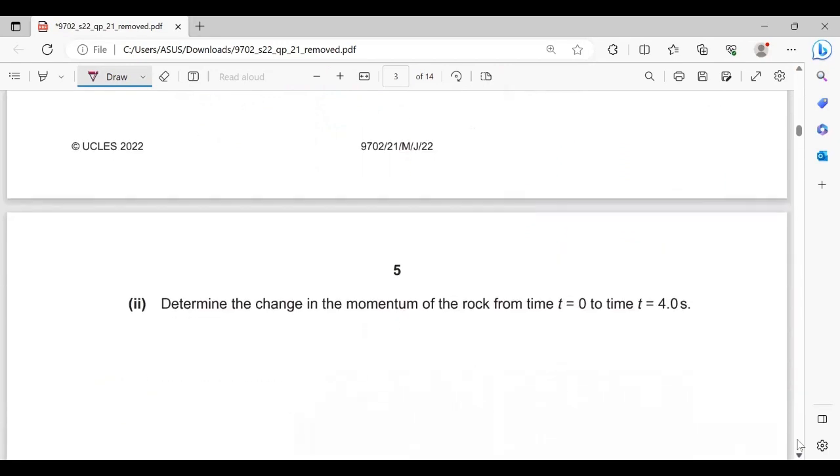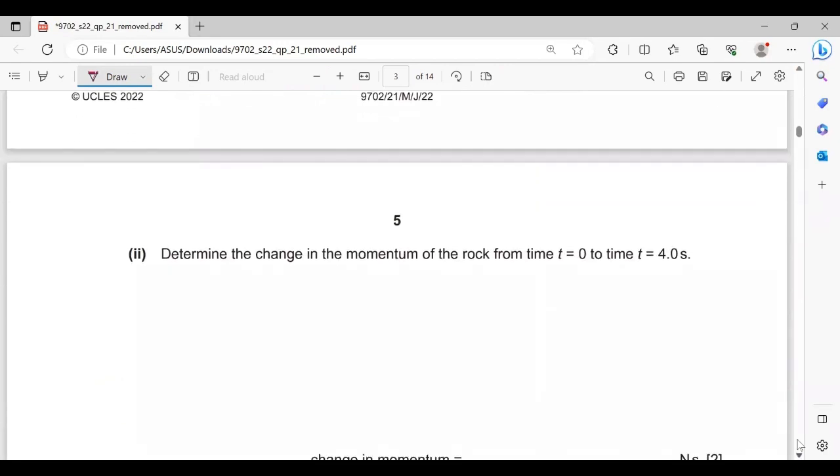Okay, done. Next, determine the change in the momentum of the rock from time t equals 0 to time t equals 4 seconds. Change in momentum.